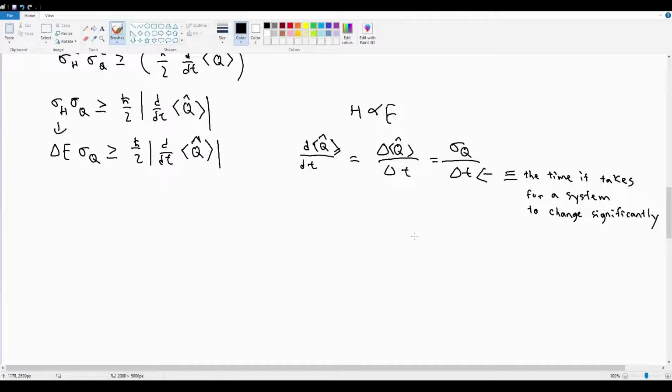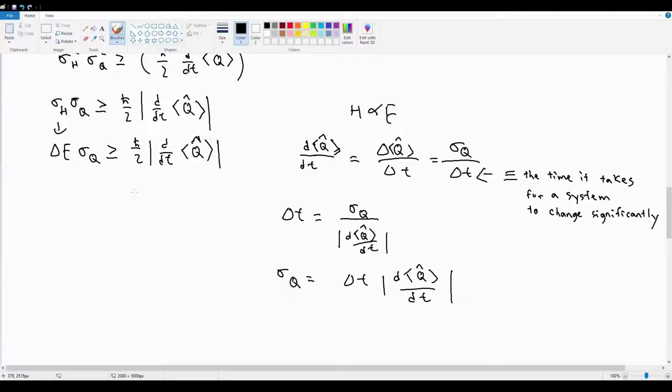So in that case, delta t is therefore equal to sigma Q divided by the magnitude of d expectation value of Q over dt, where I've taken this equation and rearranged it in terms of delta t. So if I then shove that in, this means that sigma Q is equal to delta t multiplied by the magnitude of d expectation of q hat dt.